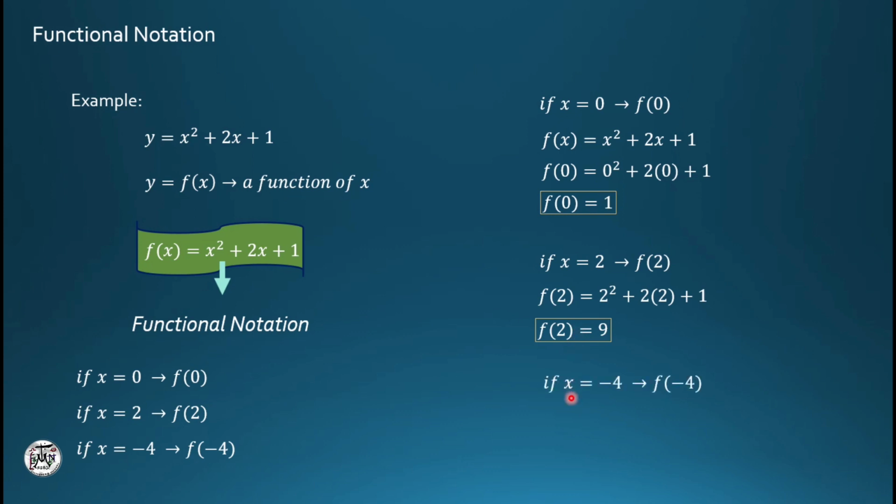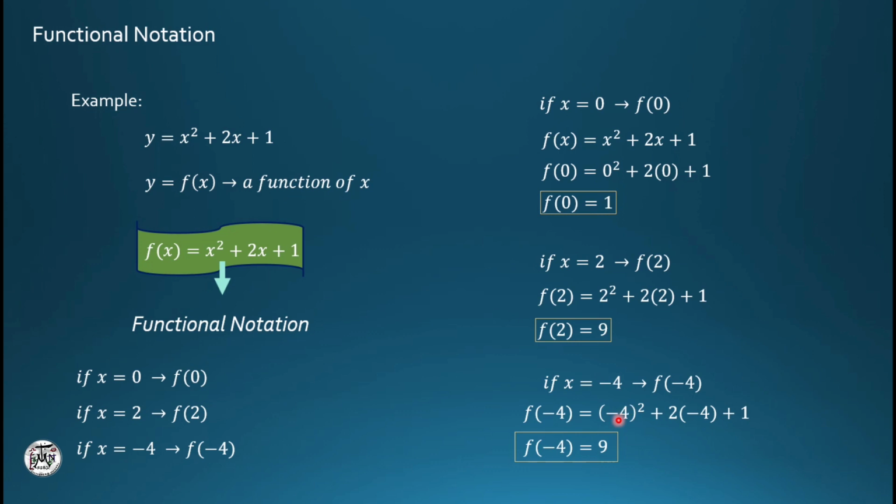Then if x is equal to negative 4, or f of negative 4, we substitute: f of negative 4 is equal to the quantity of negative 4 squared plus 2 times negative 4 plus 1.